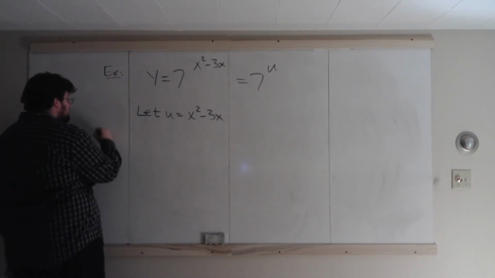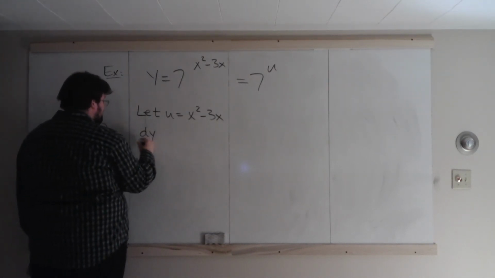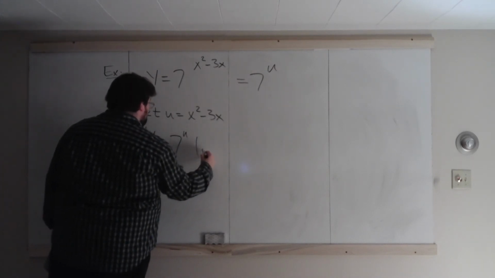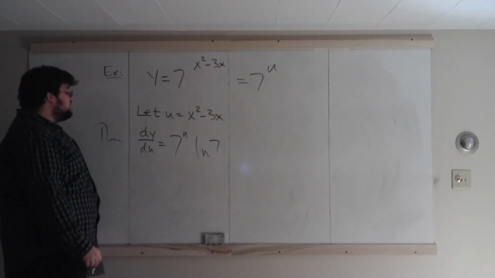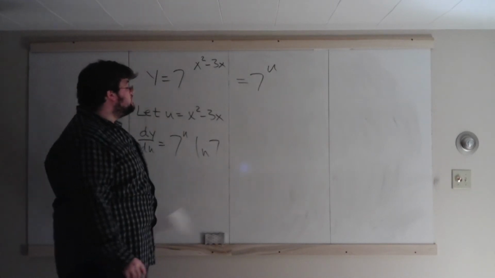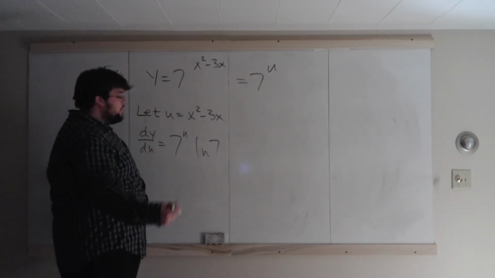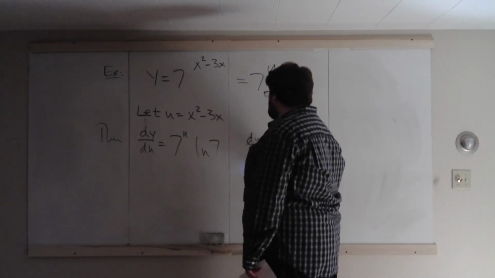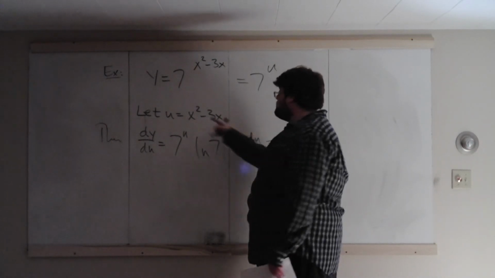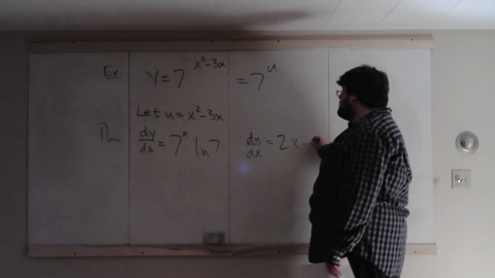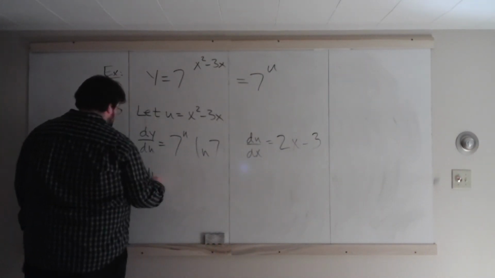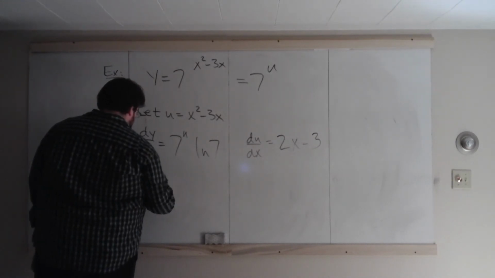Well, and then we can take dy du using Rule 8. Derivative of 7 to the u is 7 to the u times the natural log of 7. Du dx, well, derivative of that, that's just a polynomial, 2x minus 3. And then dy dx is these two multiplied.